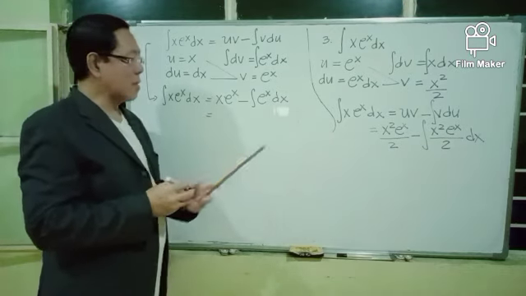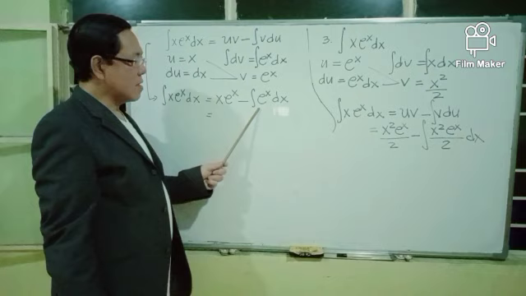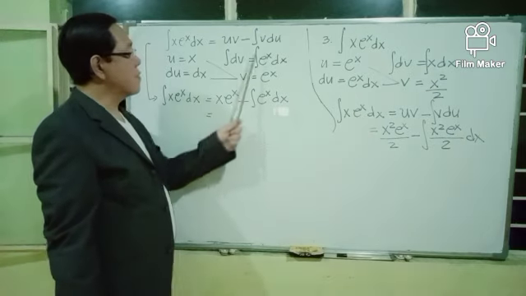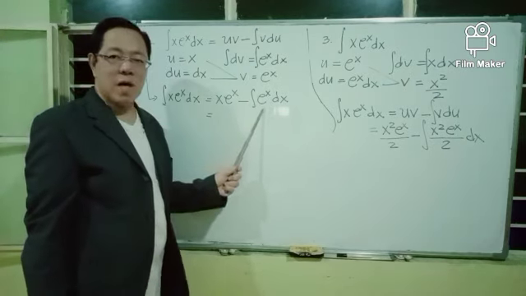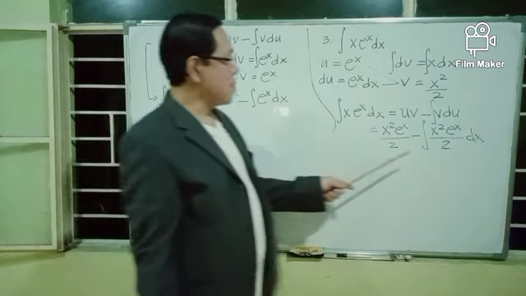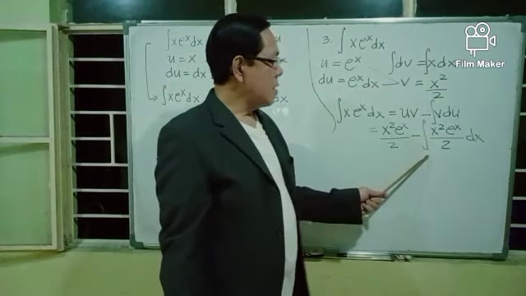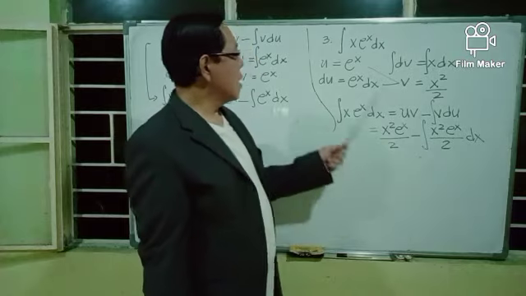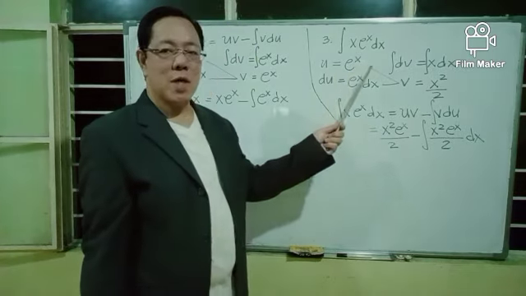You now can see that this integral of v du, the integral of e to the x dx, is much simpler than this integral when we let u equal e to the x.